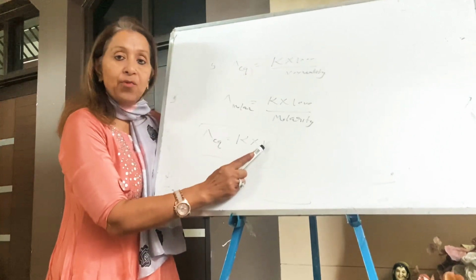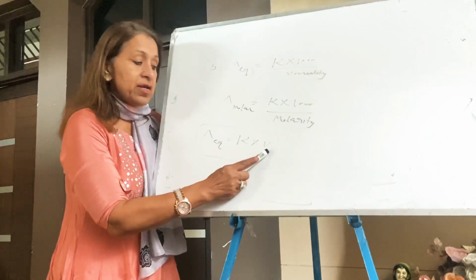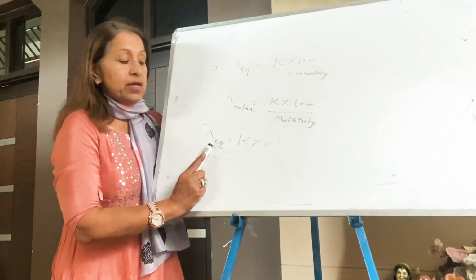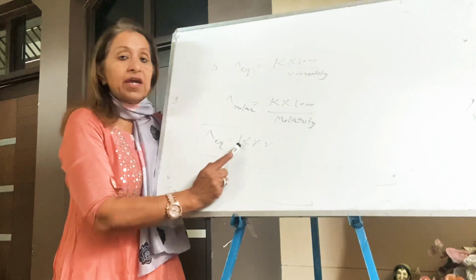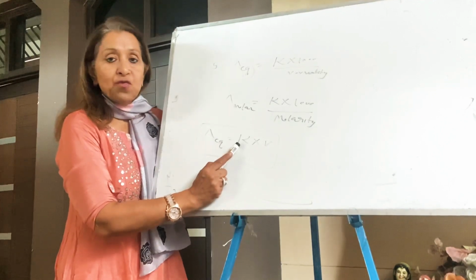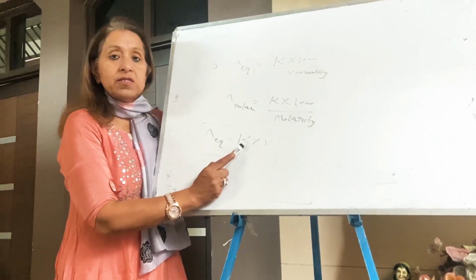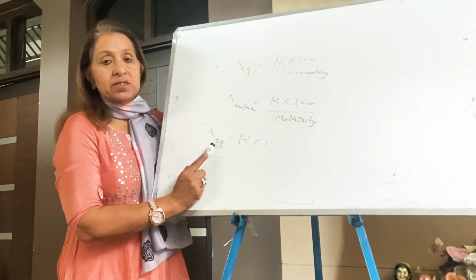With dilution, volume increases, equivalent conductance increases. Volume increases, K decreases. Remember this: with dilution, K decreases but equivalent conductance increases.